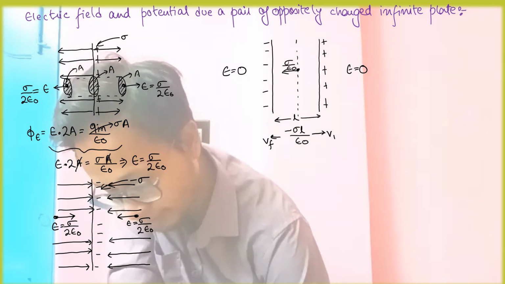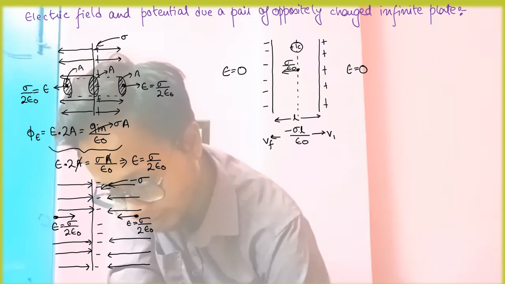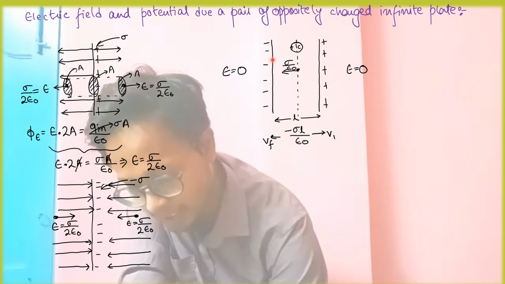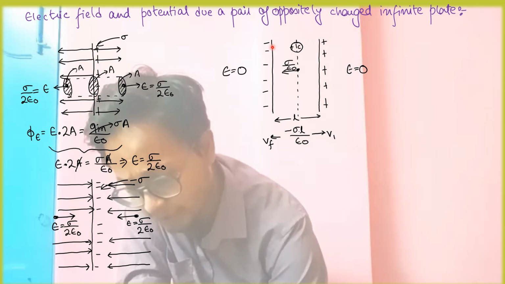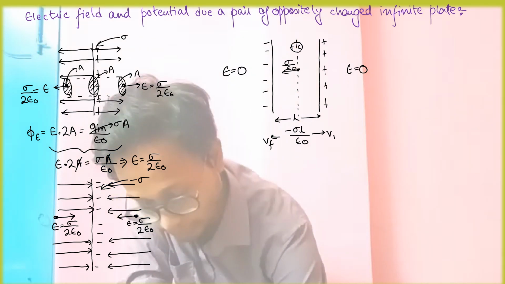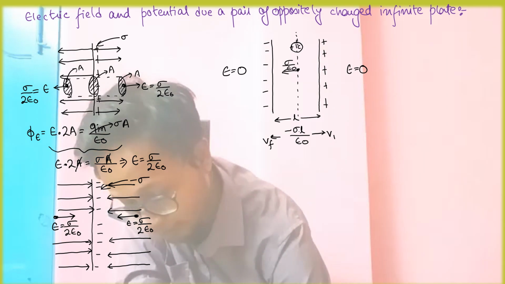If you keep a positive 1 coulomb charge out here, the potential due to this plus plate is kq by r, and the potential due to this negatively charged plate is minus kq by r. So the potential at the midpoint is equal to 0, no? So the midpoint is usually kept as a datum line for a pair of plates.